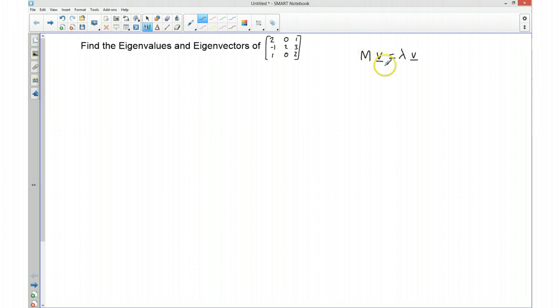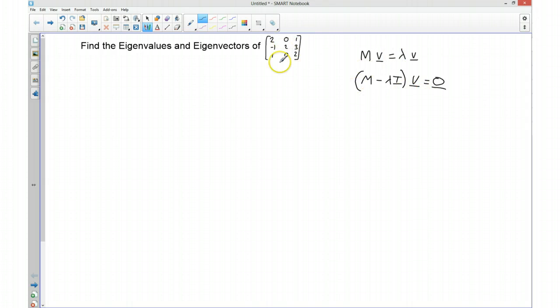And what we've done in previous lessons, we've looked at how we can rearrange this, and we end up with this here. So what we're looking to do is solve this particular equation here.